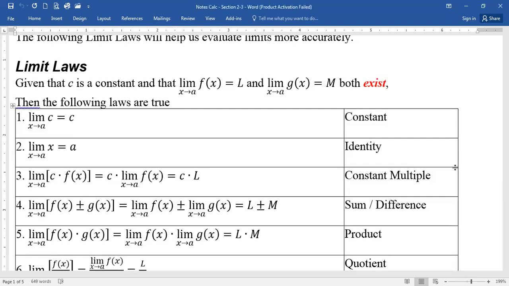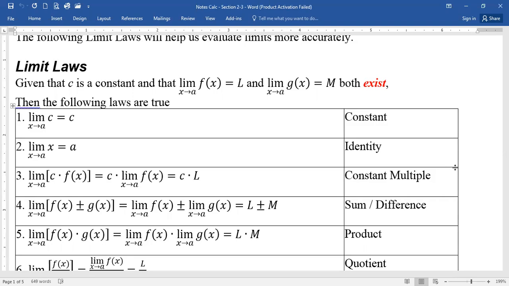And then a constant multiple. So if I have a multiple in there, like the limit as x approaches a of 2x, okay, that 2 can come out in front, and it's the same as just taking that constant times whatever your limit actually is, okay? So you can bring constants out in front.